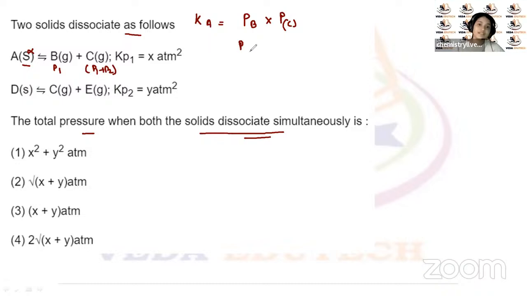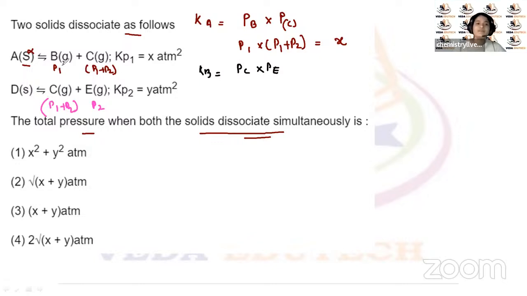So P1 into P1 plus P2 is equal to x. This is given to us. Now talking about the second, the KP will be PC into PE, because again this is a solid.